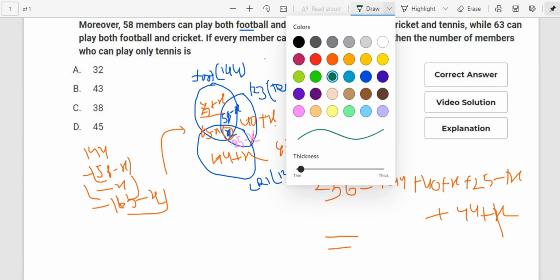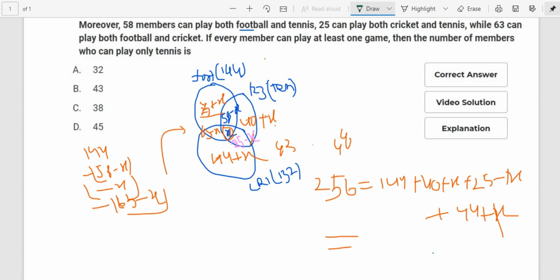After adding all of these, 44, 144, 40, 25, I get 253 plus X, and here 256, so X equals 3, isn't it?